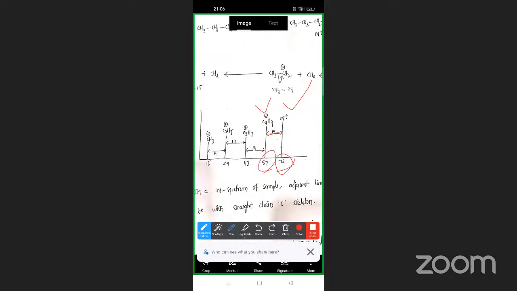Again, 14 mass difference, we got C3H7. Again, with 14 mass difference, we got 29 for this ethyl carbon. Again, with 14 mass difference, we got this methyl carbon.